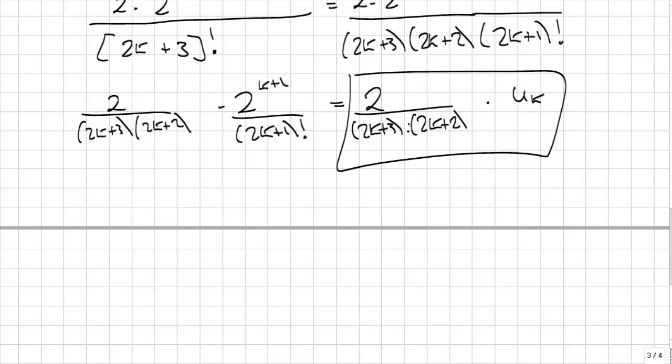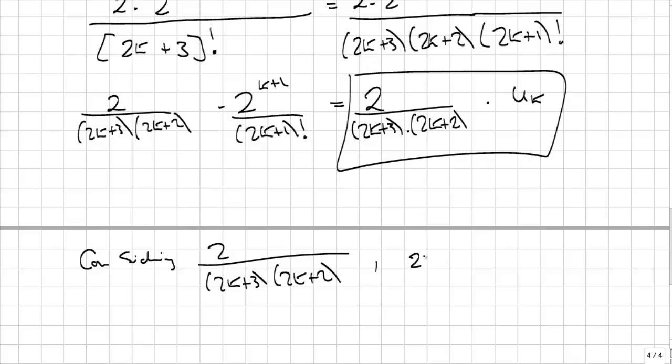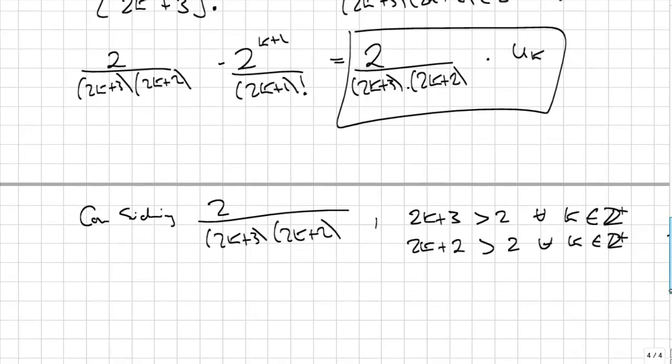If we look at the fractional part, so considering 2 over 2k plus 3, 2k plus 2, well 2k plus 3 is greater than 2 for all values of k that are positive integers. Furthermore, 2k plus 2 is also greater than 2 for all values of k which are positive integers.